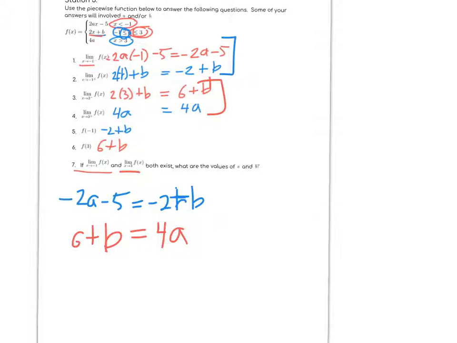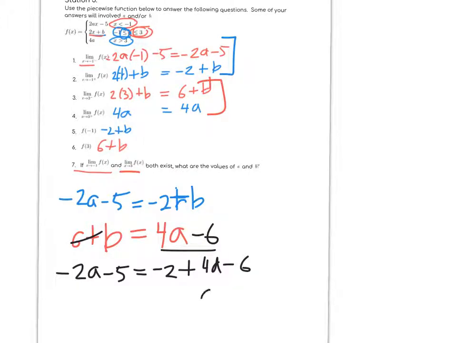Instead of doing some kind of crazy math that I tend to be prone to, I might just minus 6 from both sides to get b by itself and plug it in. So we get -2a minus 5 is equal to -2 plus 4a minus 6.